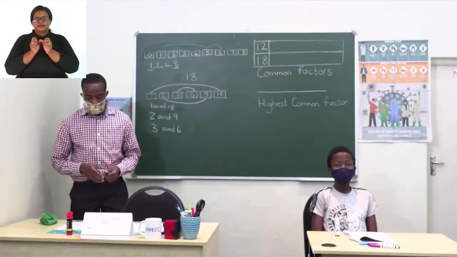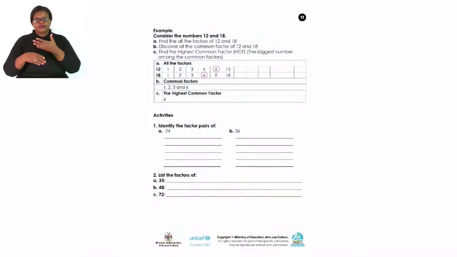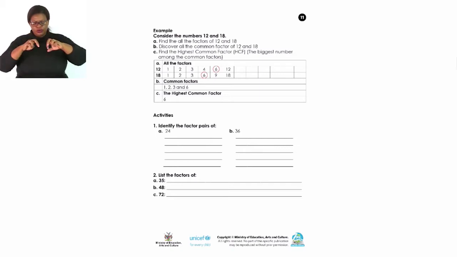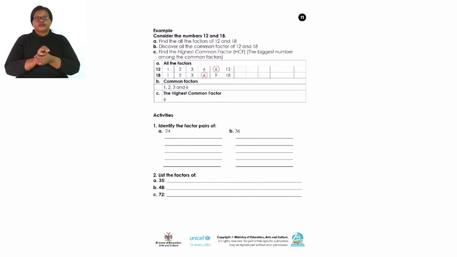All right. Now let's go to page 11. And then let's just look at that example so that we can see how we handle this topic. Okay, so we are going to look at discovering the highest common factor. But before we come to discovering the highest common factor, there are certain things that we need to know, like factors and common factors, and that is what we are going to explain now.